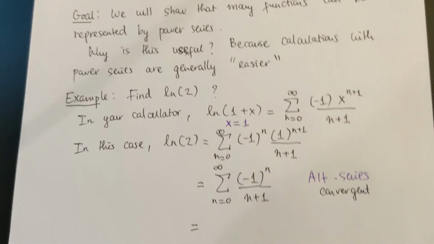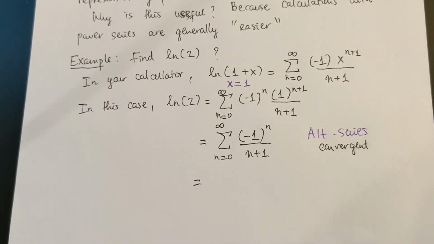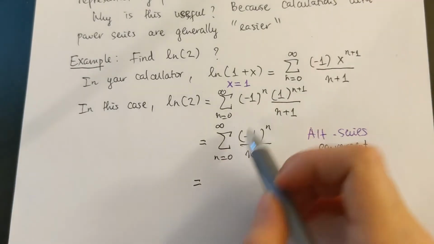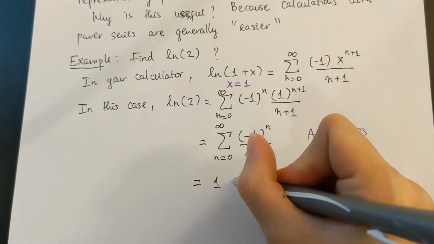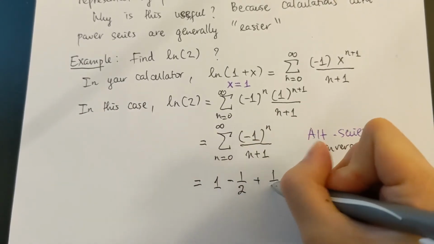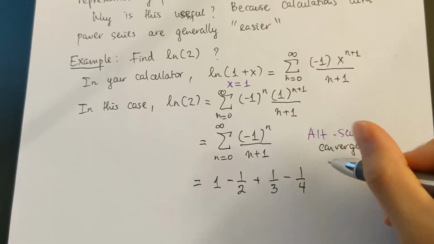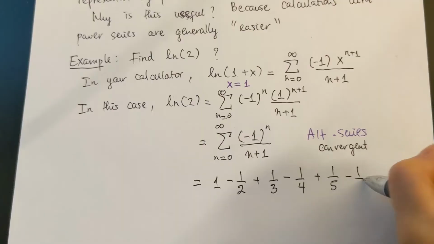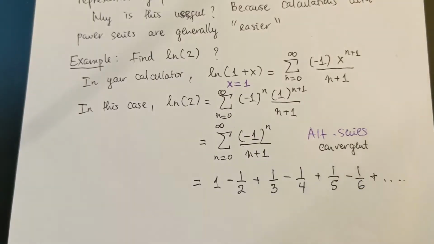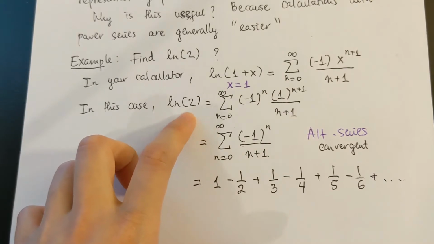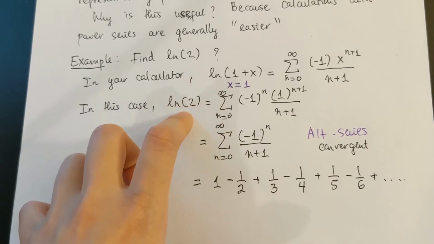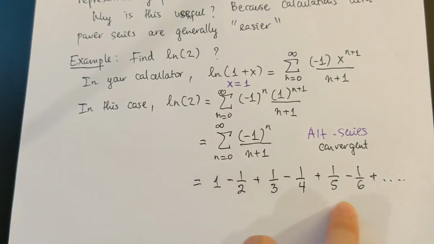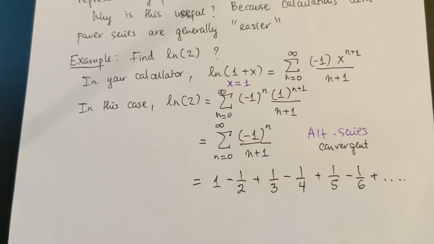If you list a couple of terms of this series, with n equals 0, the first term would be 1, then the next term would be minus 1/2, plus 1/3, minus 1/4, plus 1/5, minus 1/6, etc. So when you ask your calculator to find natural log of 2, your calculator actually carries out summing these fractions.